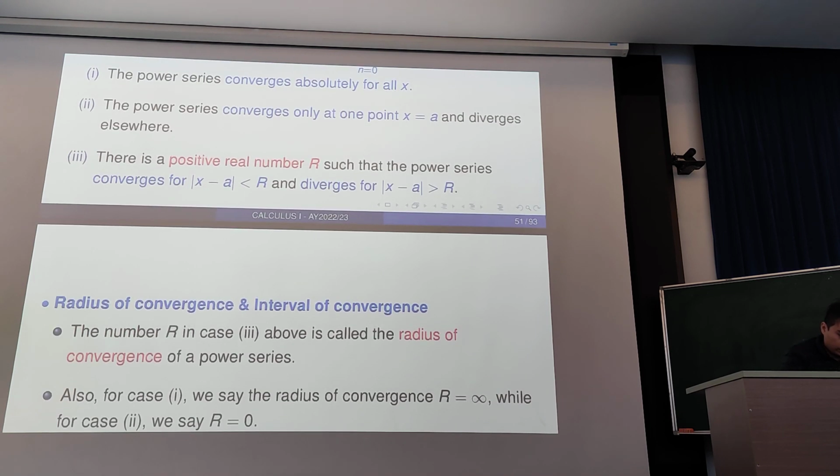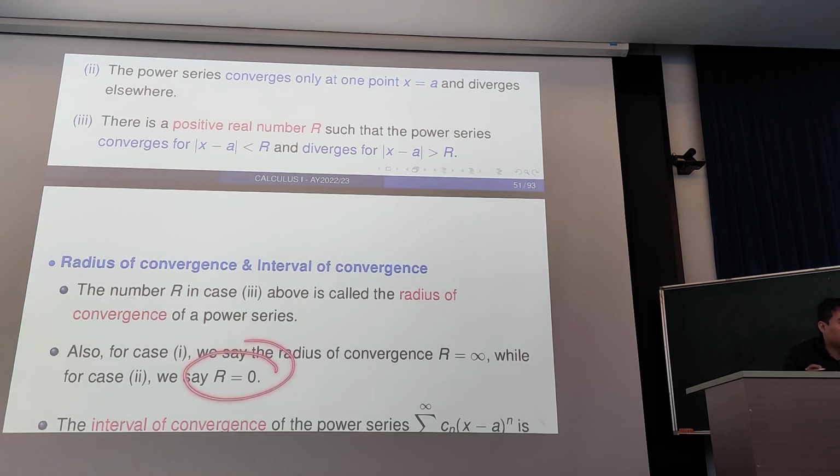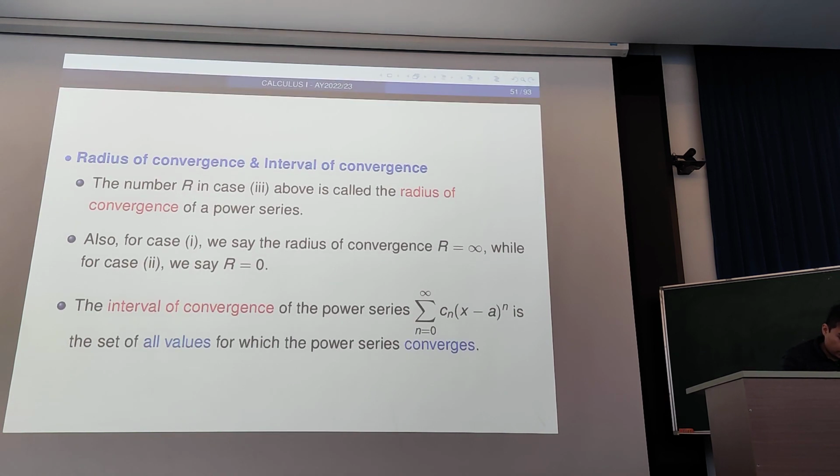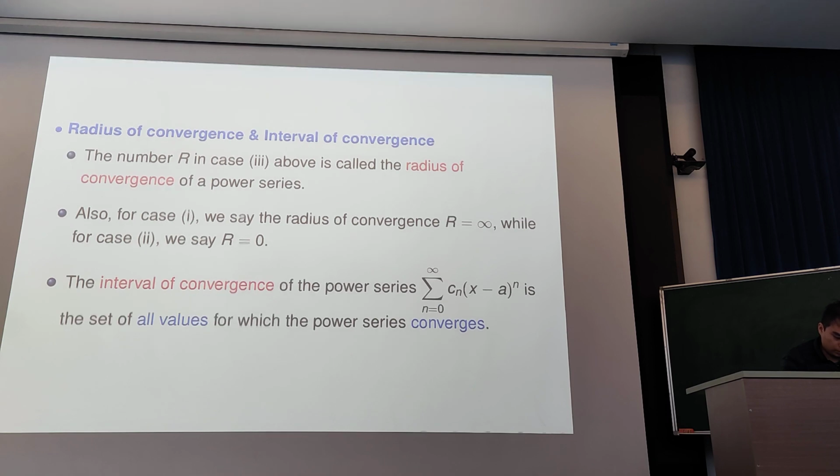While for the second case, when the power series converges only at one point, the radius of convergence should be equal to 0. And the interval of convergence is the interval containing all values of x for which the power series converges. So, a very logical definition.